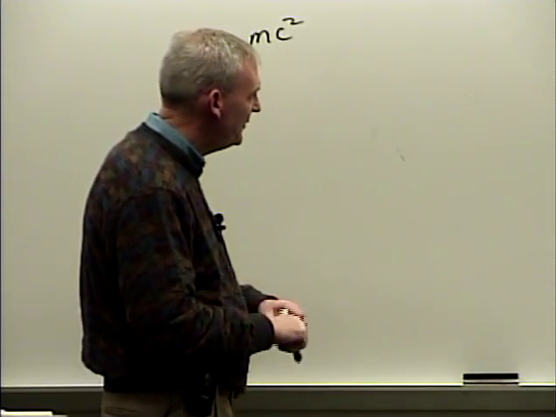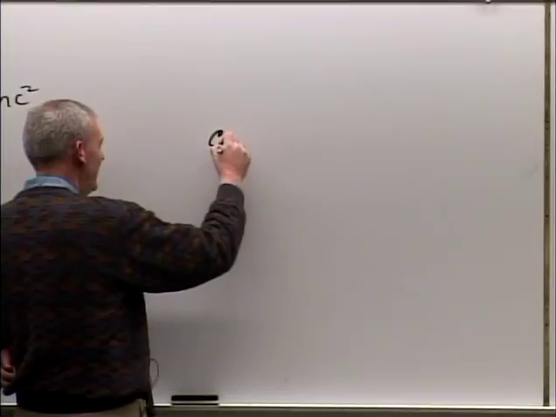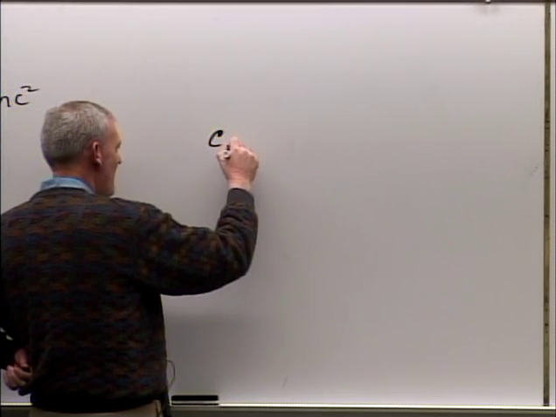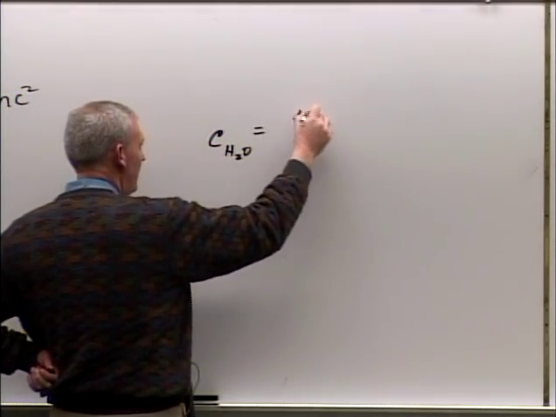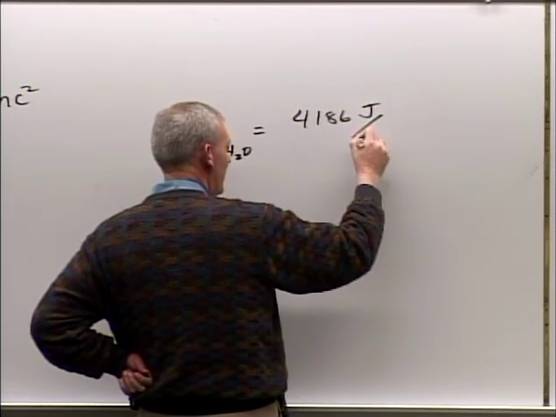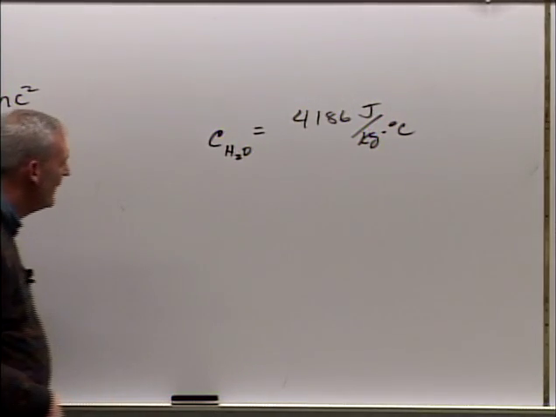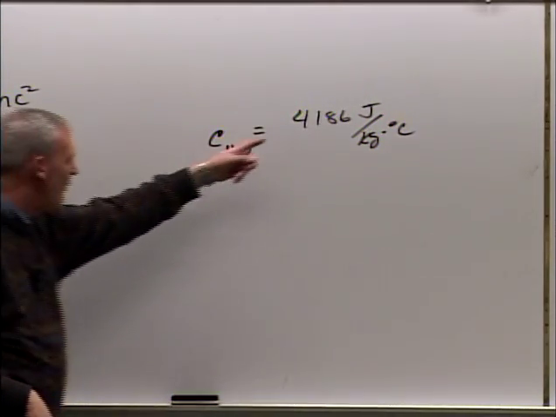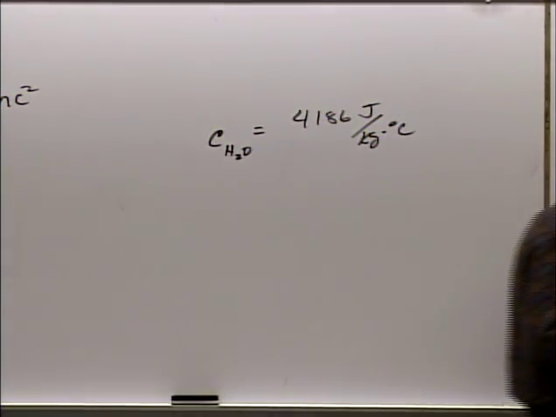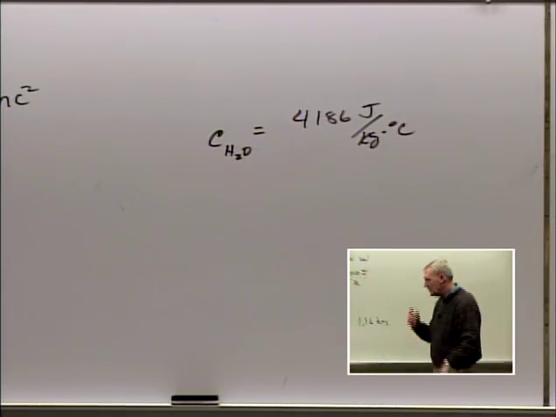The specific heat of water in joules is equal to 4186 joules per kilogram degrees Celsius. In other words, it takes 4,186 joules of energy to raise 1 kilogram of water 1 degree.